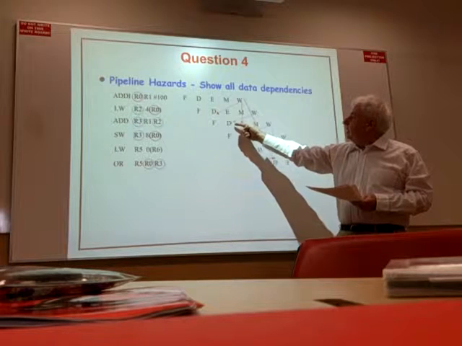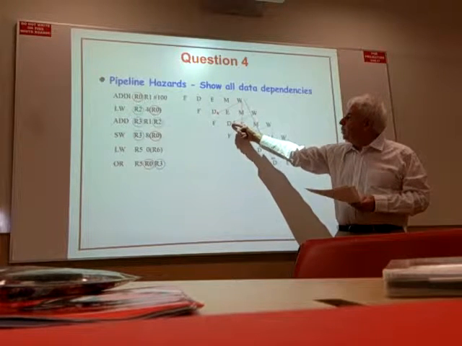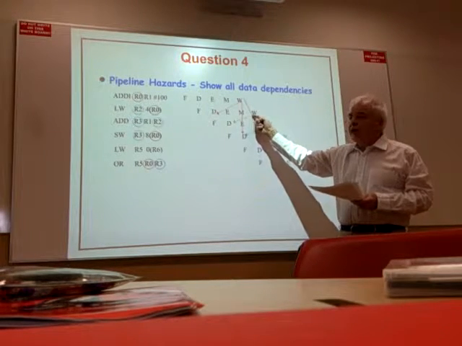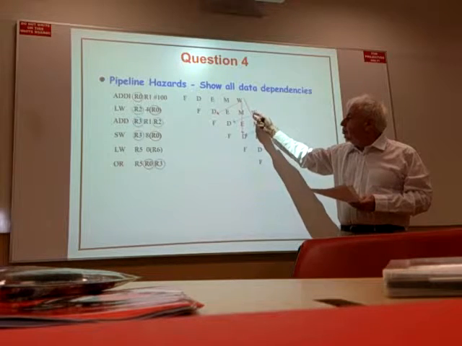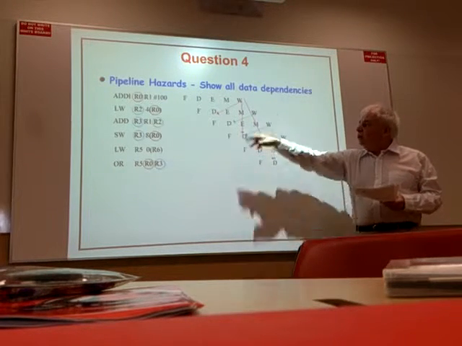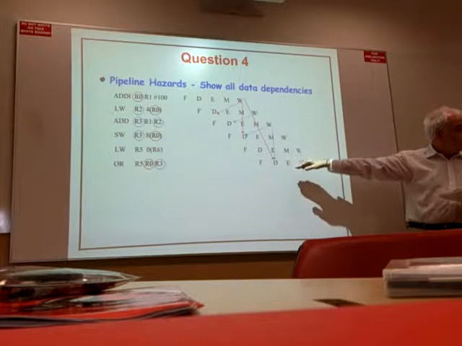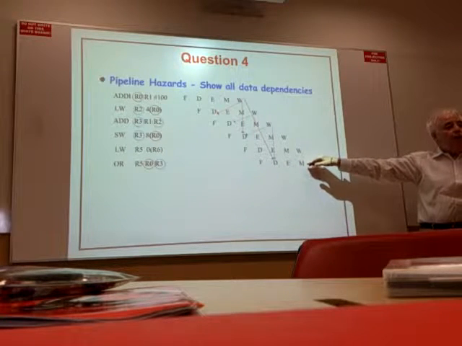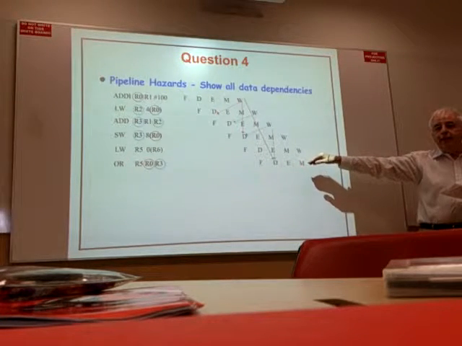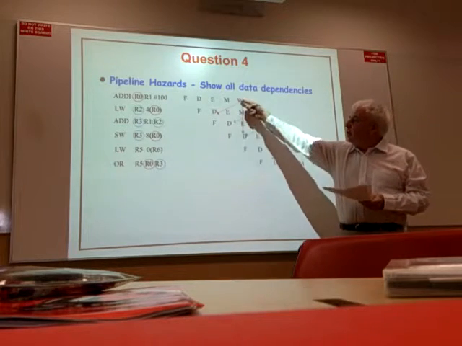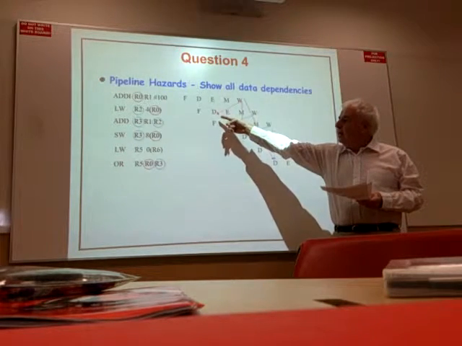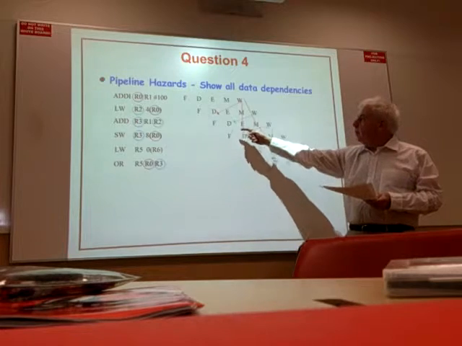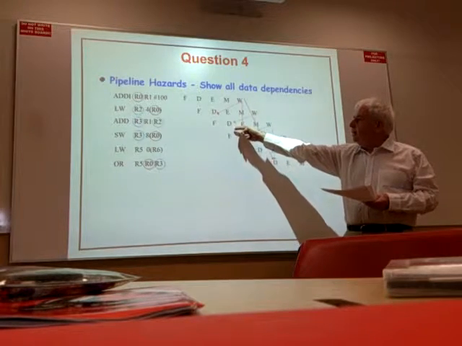And similarly, in instruction 3, you want to use the value of R2 before you finish calculating the value of R2 in instruction 2. So if we just try to execute these instructions like this, we will get the wrong result, okay? Because we will not use the correct value of R0 in instruction 2. We will not use the correct value of R2 in instruction 3.